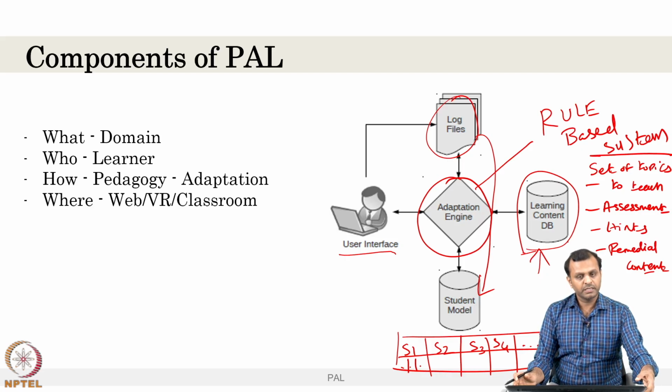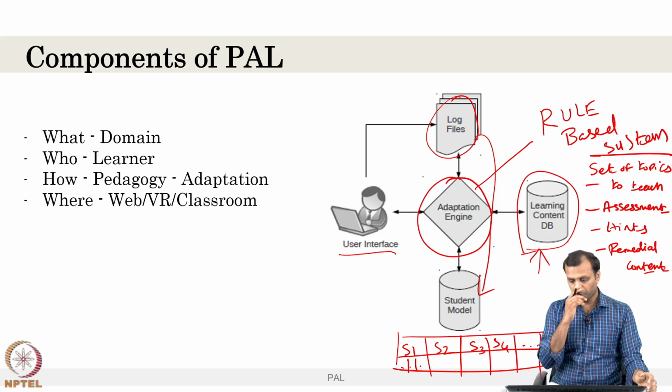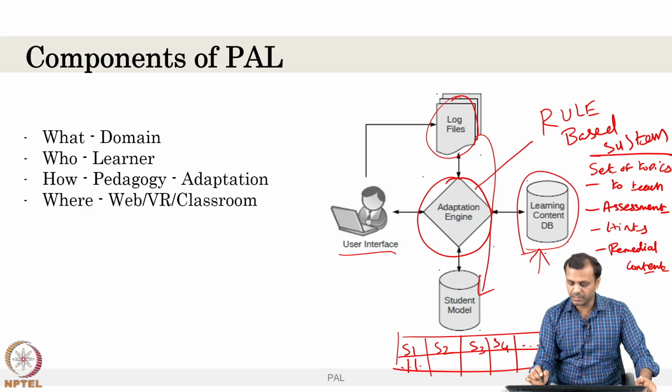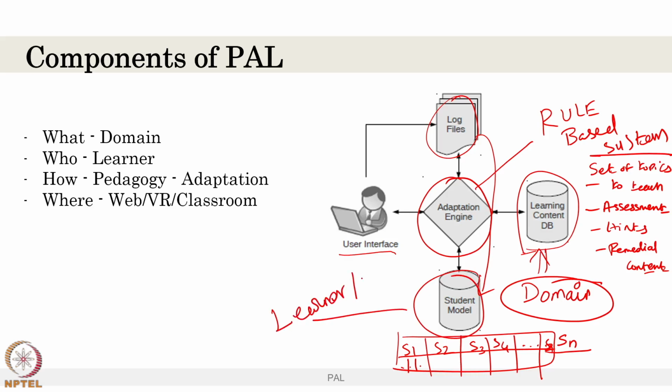Now the idea is that we convert this into the ITS architecture. What we want to teach is the domain model. The learning content database is called the domain model. Okay, who is the learner? This is the learner. The learner's interaction is stored in the student model. Who the learner is is stored as the student model, the learner model.